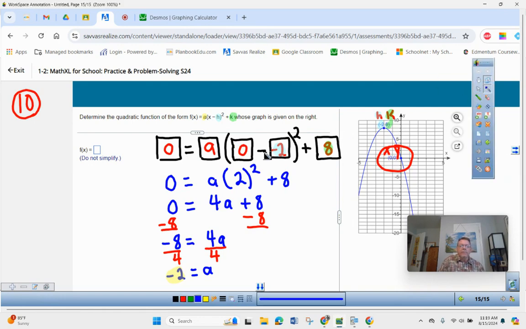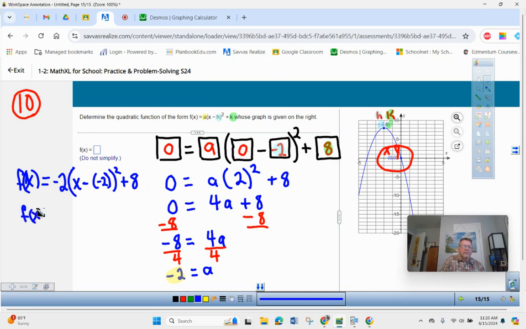So let's come back up here. So that's going to be f of x equals, man, slipping on me, negative 2 times, no, it's minus negative 2 squared plus 8. Well, what's that really going to be?